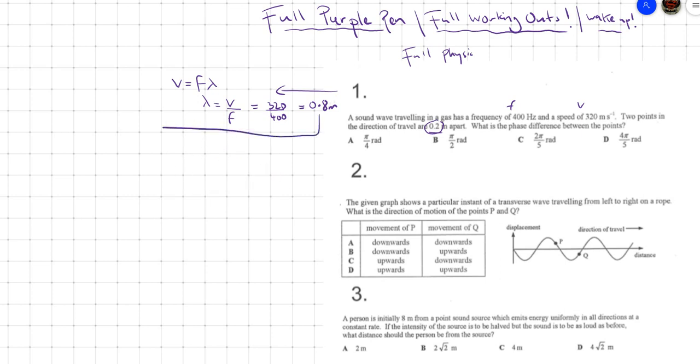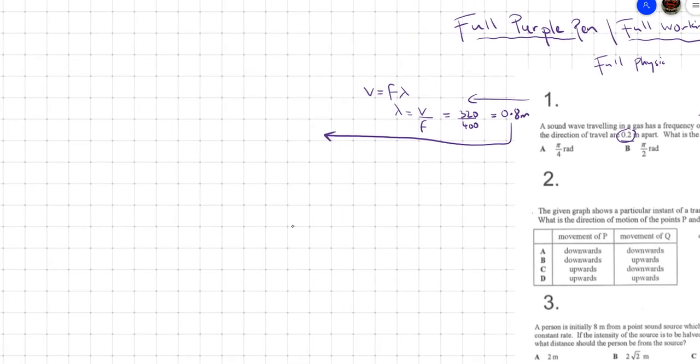We know that 0.8 meters is one wavelength, so 0.2 meters, how much is that of the wavelength? It's going to be 0.2 divided by 0.8, and this gives me an answer of a quarter. So this is a quarter of the wavelength.